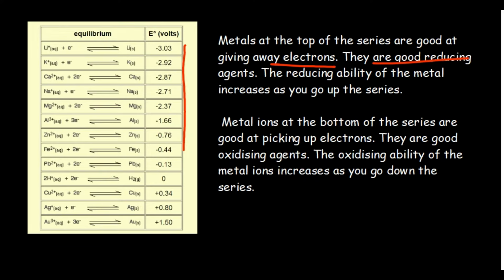So the reducing ability of metals increases as you go up these series. Metal ions at the bottom are good at picking up electrons. They usually tend to gain, so they are easily reduced. So being reduced, they tend to oxidize the other metals that are on top. That's the summary of everything we've talked about here.